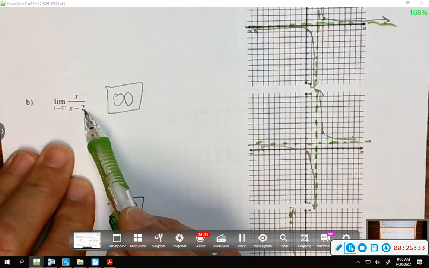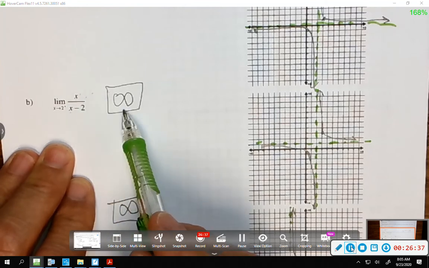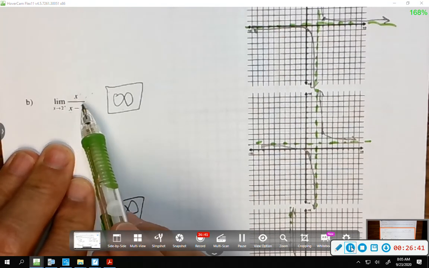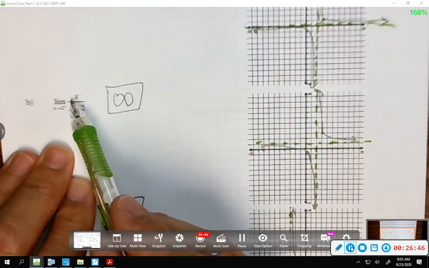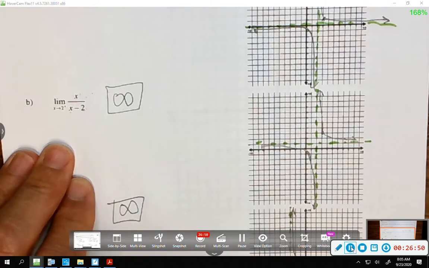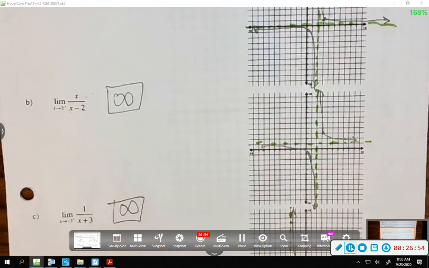When I multiply by the reciprocal, 2.1 times 10 goes to 21. Let's think about this. 2.01. That's really close to 2, but to the right. 2.01 minus 2 is 0.01. Multiplied by the reciprocal is 201. It's getting larger and larger and larger in the positive direction. That's why it goes to positive infinity.